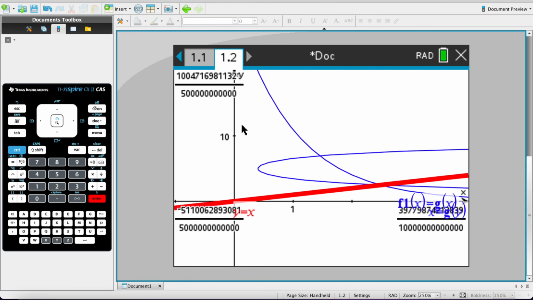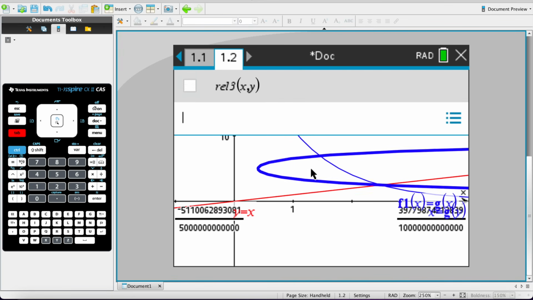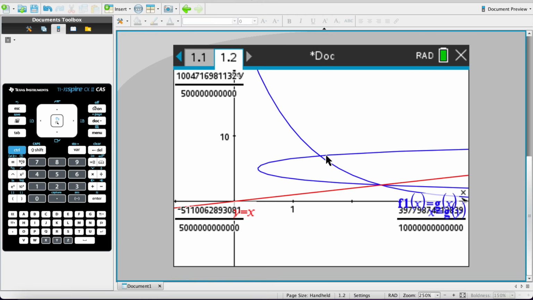Oh, okay, well that helps. Now, if you just imagine that this is all the other way around, right? So this graph is the one that looks a bit like a parabola. And the one on top.